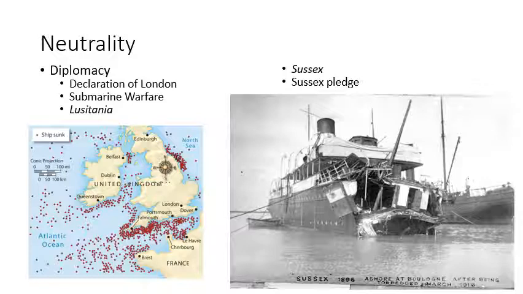At this point, Wilson threatens to break diplomatic relations if Germany doesn't abandon their unrestricted submarine warfare against all merchant vessels, enemy and neutral. Basically, this threat implied war. So at this point, Germany promises, fine, they make the Sussex Pledge. In this promise, they promise not to sink merchant ships without warning.